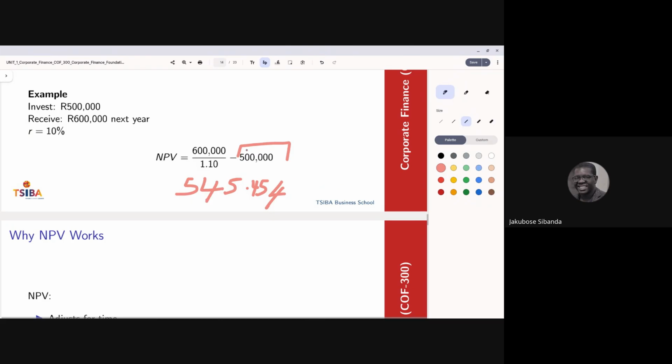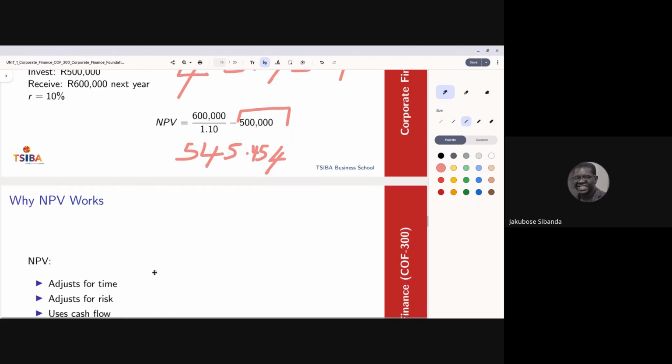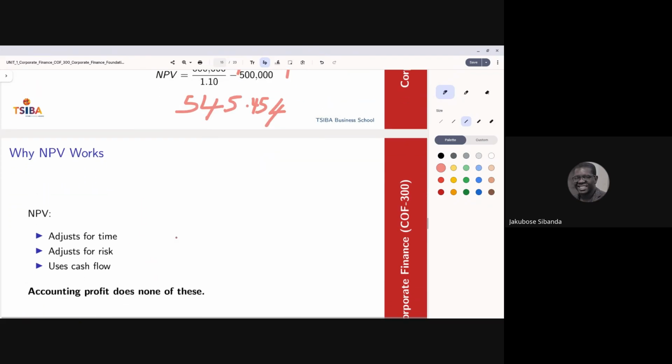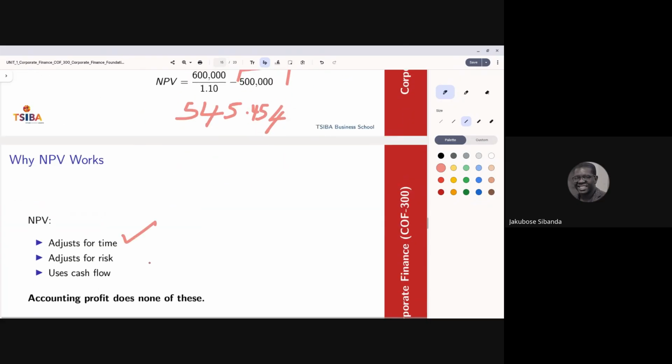Subtract 500,000. So if you subtract that, you're going to remain with 45,454, because this is the cash flow that you received. Right. Hopefully it's clear. So the NPV does adjust for time, risk, and cash flows. Very important.